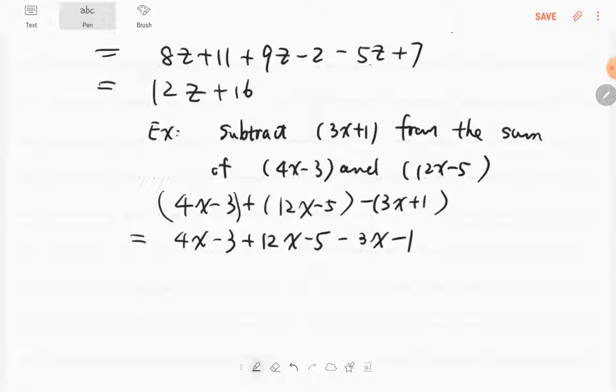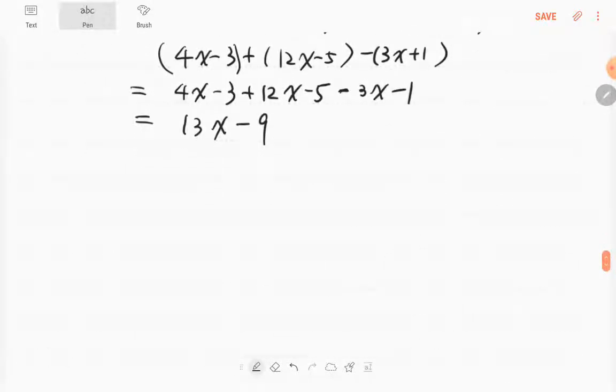So we could skip the plus sign. After that, we only need to combine the like term. 4x, 12x, negative 3x, they are the like term. So we will have 13x, okay, and combine the constant terms. So we will get this, okay.